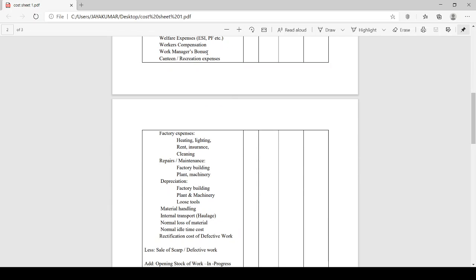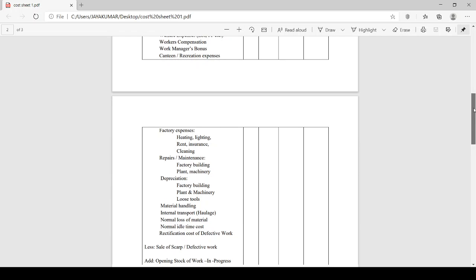It means all these are related to the workers in the factory, like factory expenses, factory heating, lighting, factory rent, factory insurance, factory cleaning, repairs or maintenance of the factory building or plant and machinery, depreciation of the factory building, depreciation of the machinery, depreciation of the loose tools which are used in the factory.